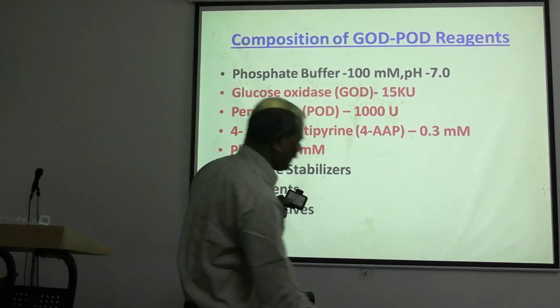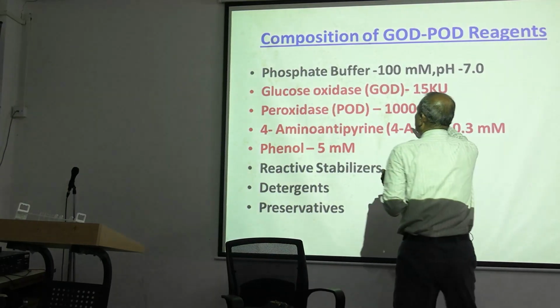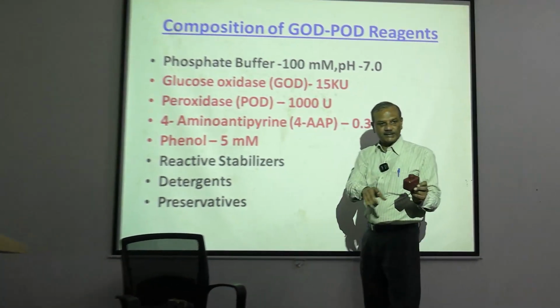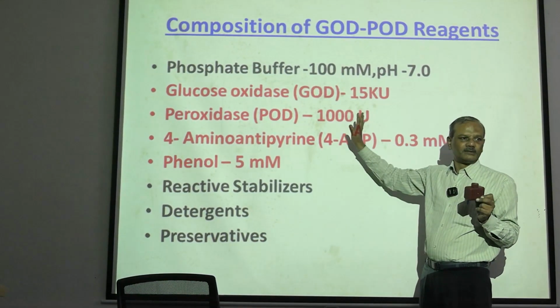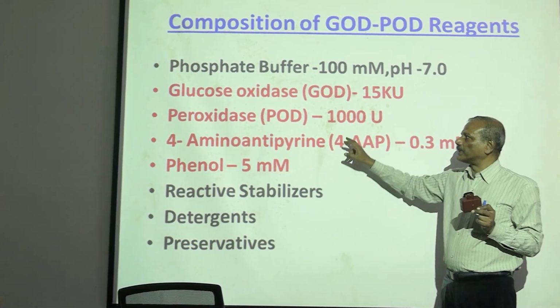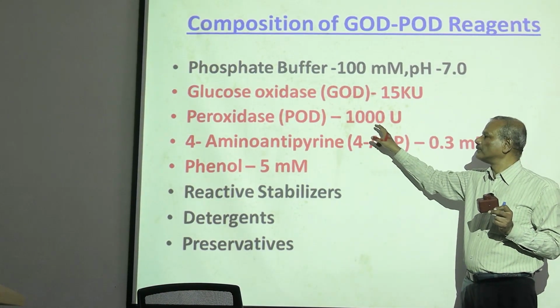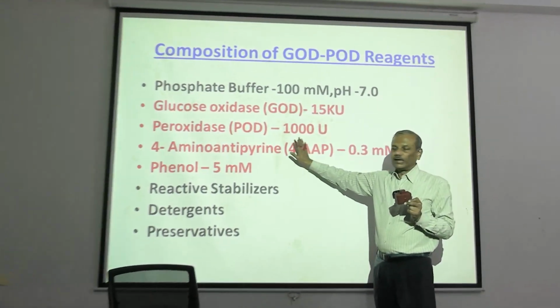Since this is a glucose oxidase peroxidase method, glucose oxidase will be there, as written in the literature. These units might vary; I have written them for your own understanding. Peroxidase is an enzyme which is present in this concentration. You need not write all these things, just write the name.